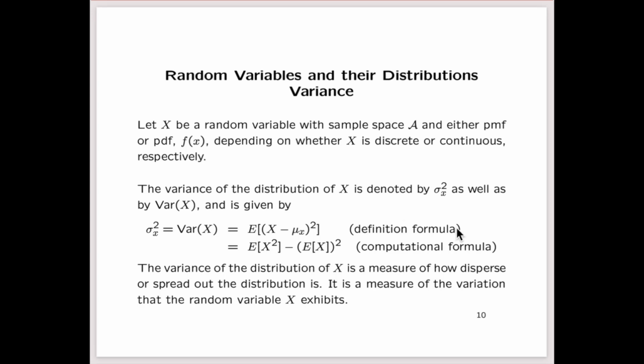So the definition formula for the variance of a random variable x is that it's the expected value of the squared difference between the random variable and the mean of that random variable, the mean of its distribution. Or again, we can write mu of x as the expected value of x, and so we could speak of the variance as being the expected value of the square of the difference between the random variable and its expectation. So that is the definition for variance.